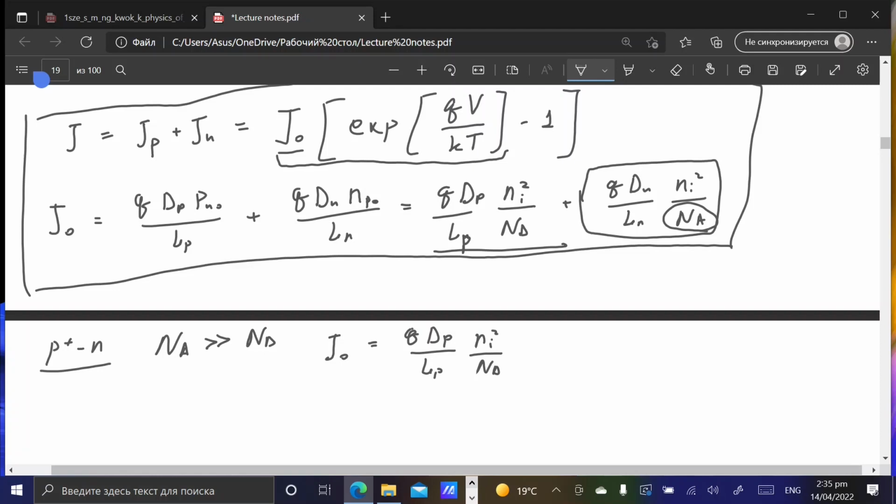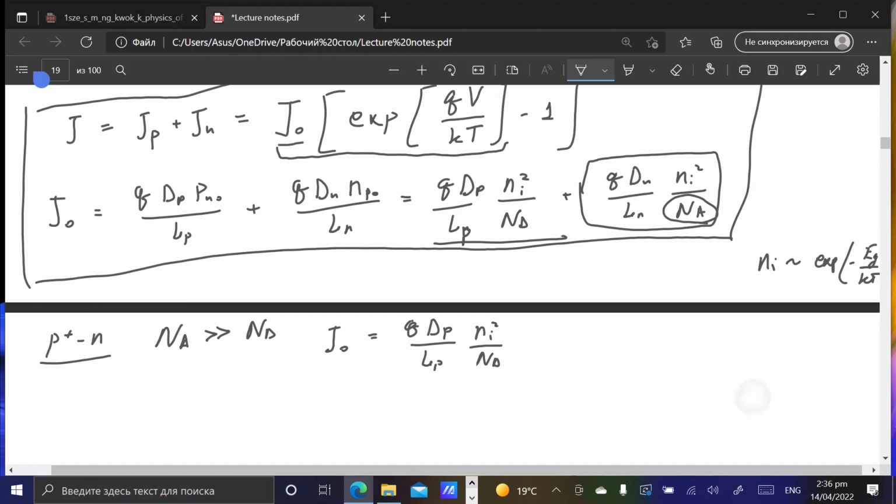Now we also can highlight how J naught, the saturation current, will depend on temperature. So we remember that ni is proportional to exponent minus Eg divided by kT.